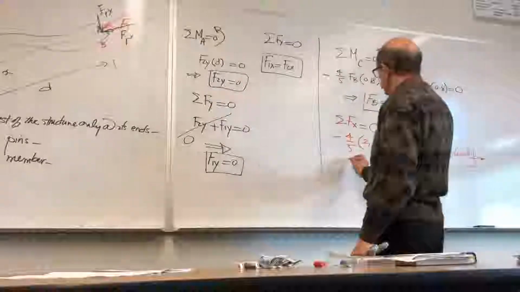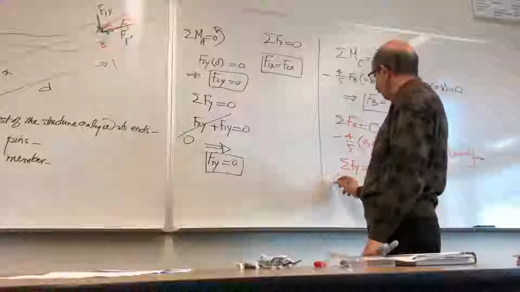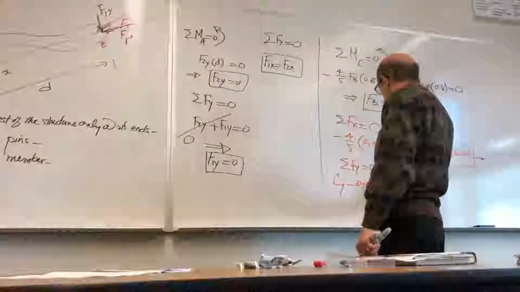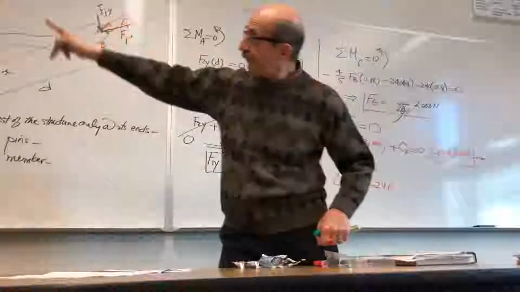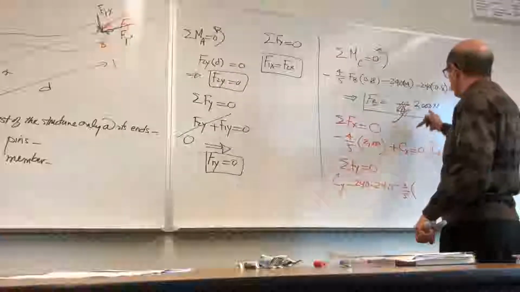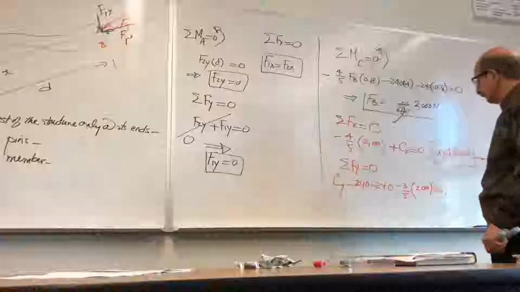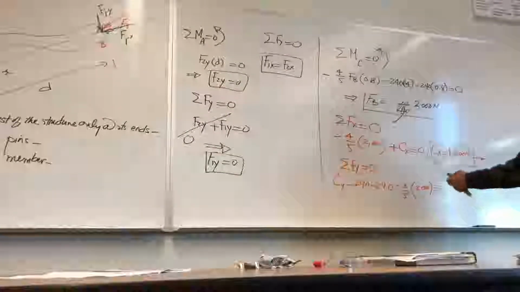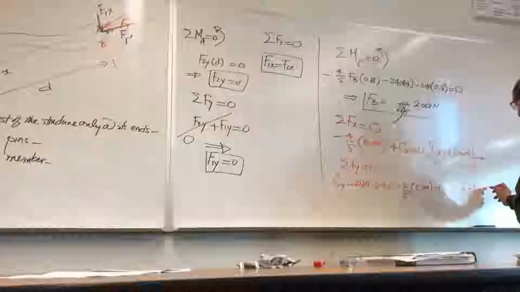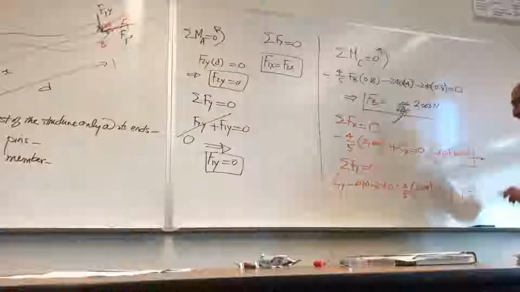Then summation of forces along y is equal to 0. You have Cy minus 240 minus 240 minus 3/5 FB, or minus 3/5 of 2,000, equal to 0. That will give me Cy is 1,680 Newton, and it is acting in this direction. Okay.